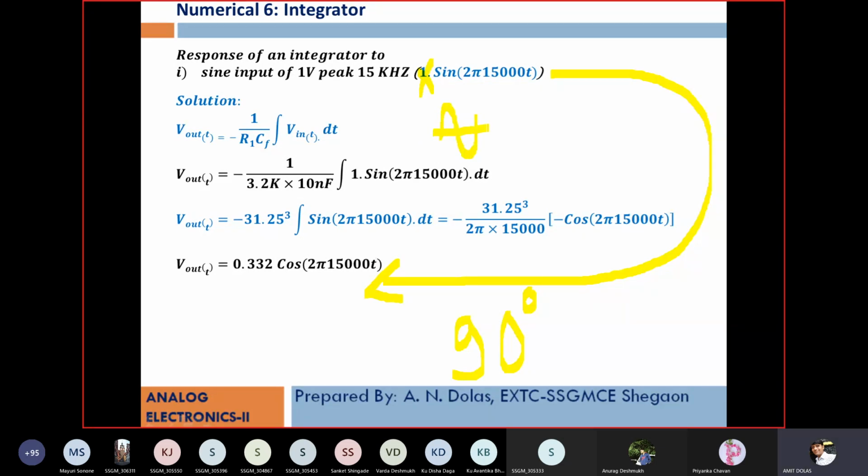The cos wave has 0.332 peak, approximately half of the sine signal. 0.332 multiplied by 2 is 0.664 peak to peak. So the cosine waveform will have less amplitude compared to the sinusoidal waveform. That must be clearly observed in the graph.